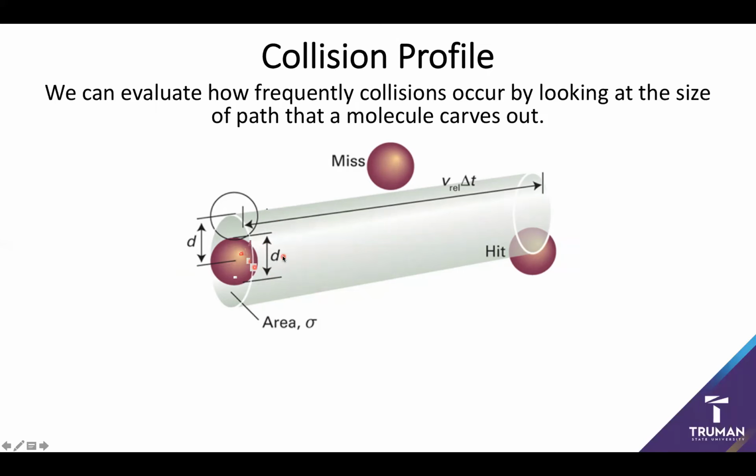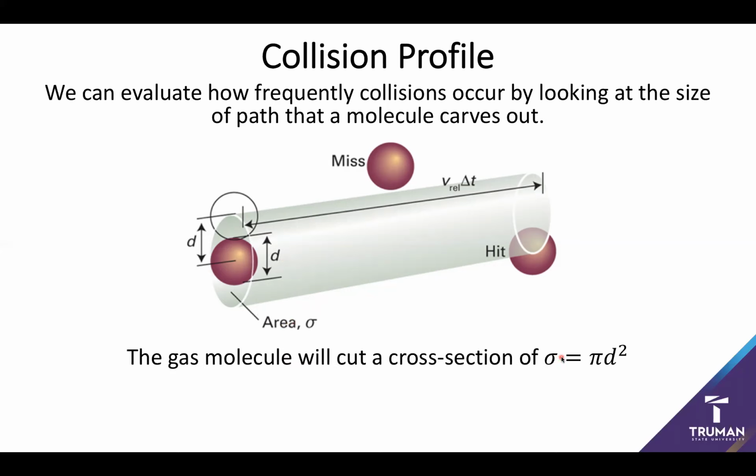Now, because the diameters of interactions, or interaction distances, can be a little bit tricky, what we often end up doing is determining this d parameter more empirically, but it will give us an area of interaction that's related to 4 pi r squared, or pi times the diameter squared.